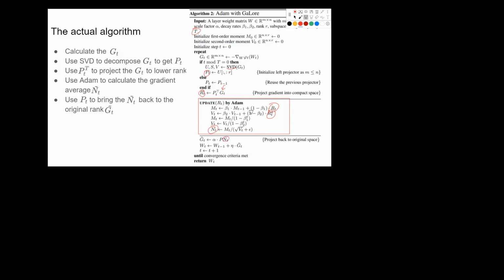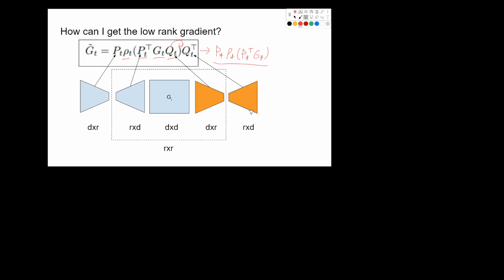Then the NT will be projected back to the original dimensions by using the P matrix here. So you see that we use P transpose to convert the GT to the lower rank, and we use the P to convert it back to the original rank. This is exactly the formula we discussed here.